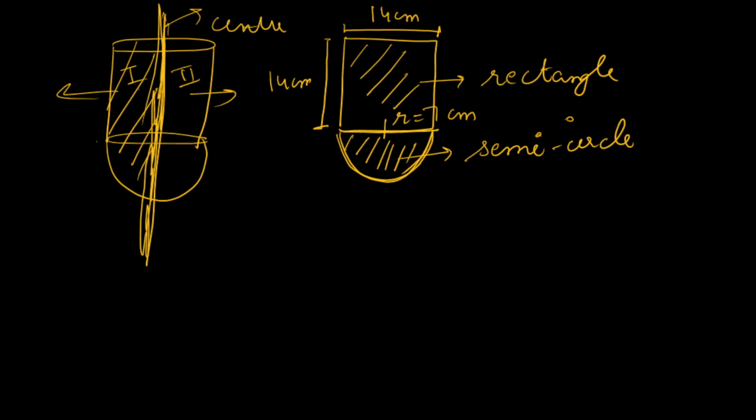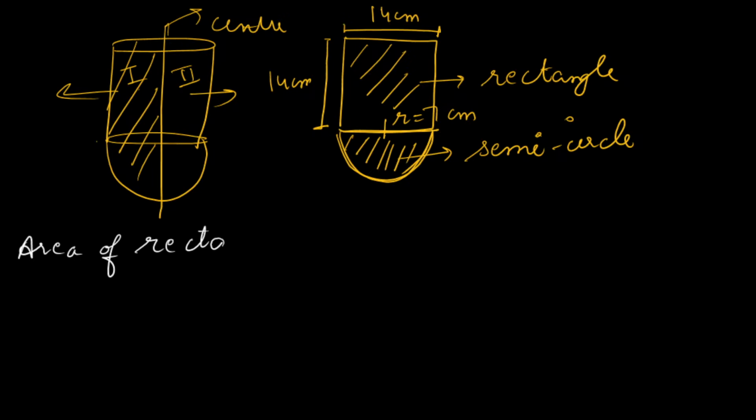So now, the area before split we have found. If we have to find the area after split, the total surface area after split, we'll find the area of a rectangle and the area of a semicircle, because two more rectangles and semicircles we are going to get if we split this solid.